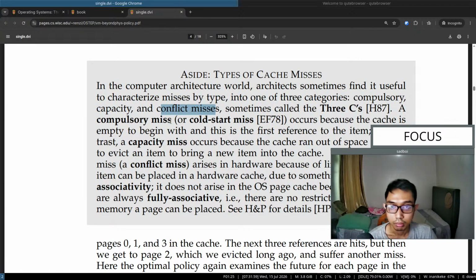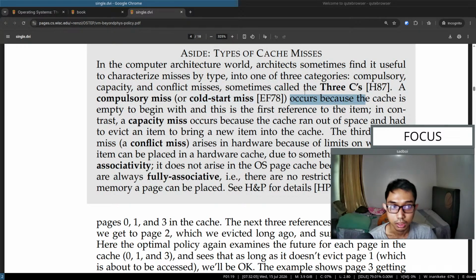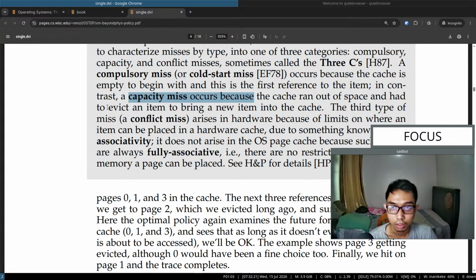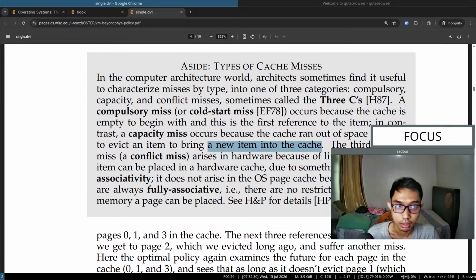A compulsory miss, or cold start miss, occurs because the cache is empty to begin with, and this is the first reference to the item. In contrast, a capacity miss occurs because the cache ran out of space and had to evict an item to bring a new item into the cache.